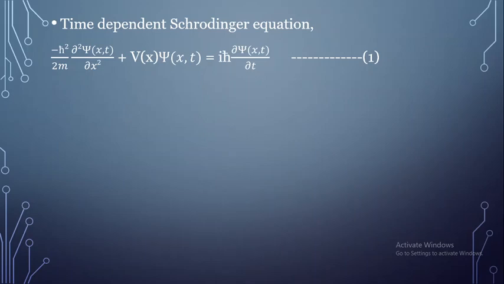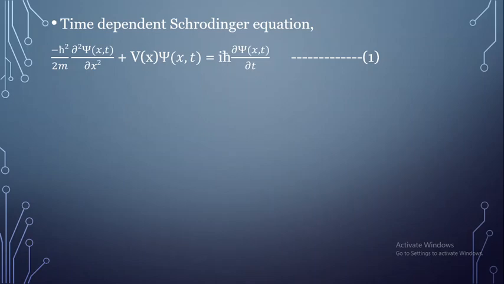In place of which we have the Hamiltonian operator as minus h cross square by 2m dou square by dou x square for one dimension plus V of x, that is the potential energy term, into psi of x comma t equals i h cross dou by dou t of psi of x comma t. Here we have considered only one dimension, that is along the x axis.